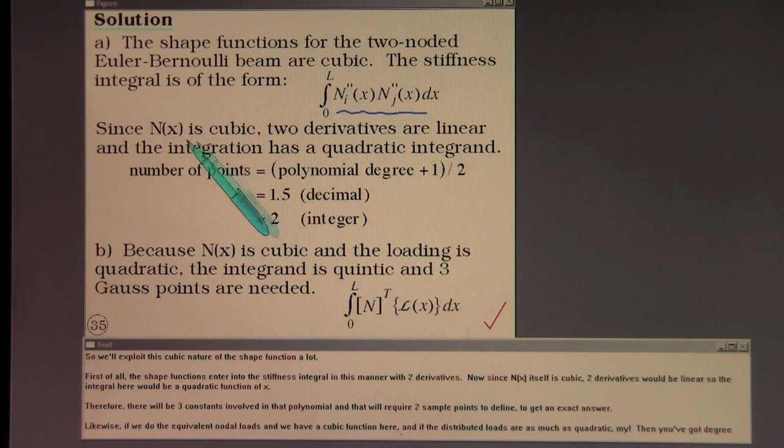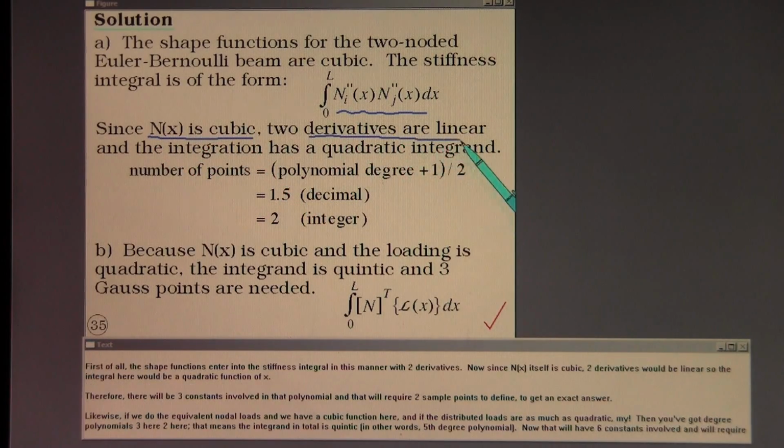Now, since Nx itself is cubic, two derivatives would be linear, so the integrand here would be a quadratic function of x. Therefore, there will be three constants involved in that polynomial, and that will require two sample points to define to get an exact answer.